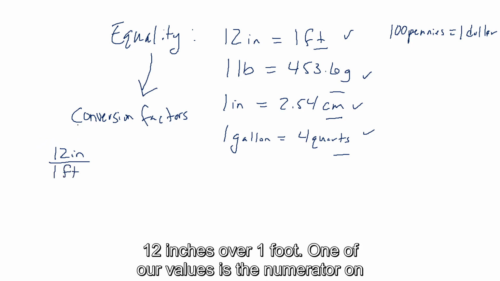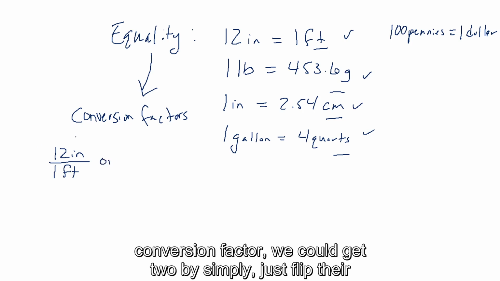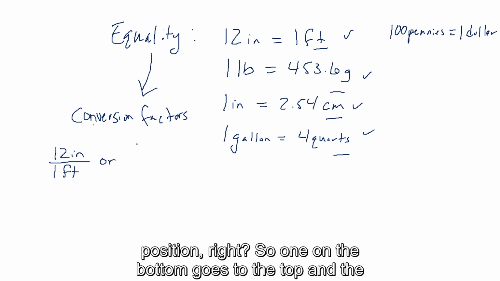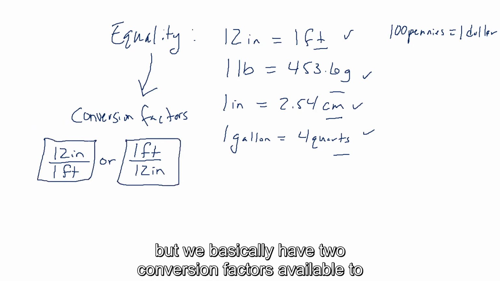One of our values is the numerator on top, and one's the denominator on the bottom. That gives us one conversion factor. We could get two by simply flipping their position, right? So the one on the bottom goes to the top, and the one on the top goes to the bottom. And now we basically have two conversion factors available to us.